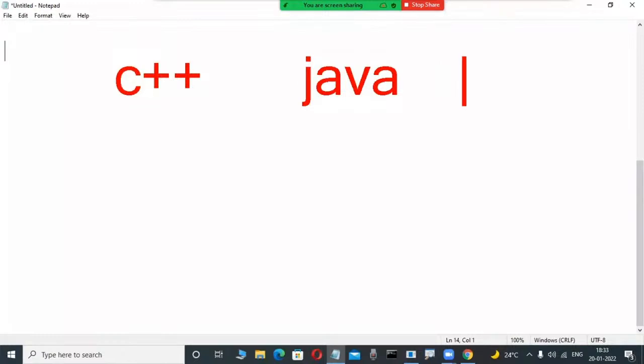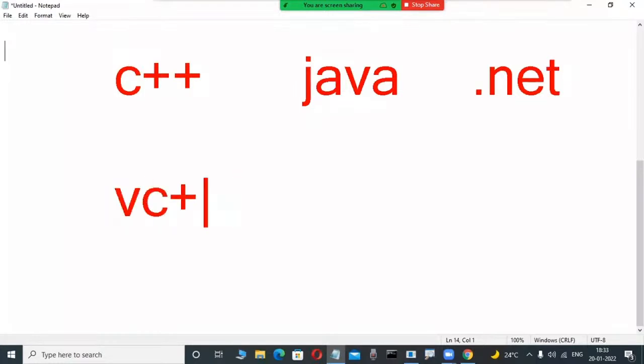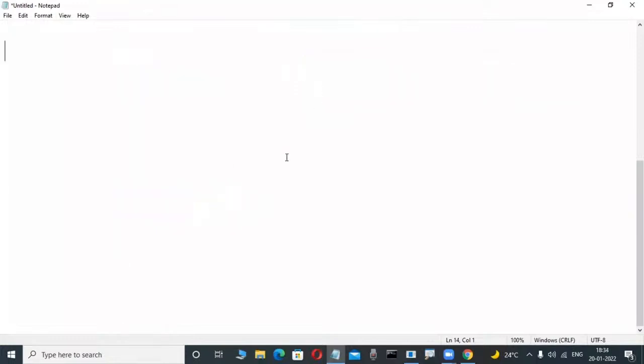C# .NET is an object-oriented language. VC++ is an object-oriented language. Suppose I take two languages as an example. Through them, the same similar concepts exist, and we observe whether these SQLs are different or the same.